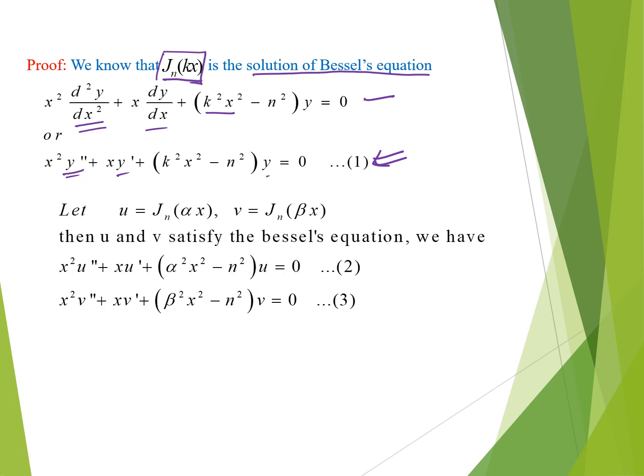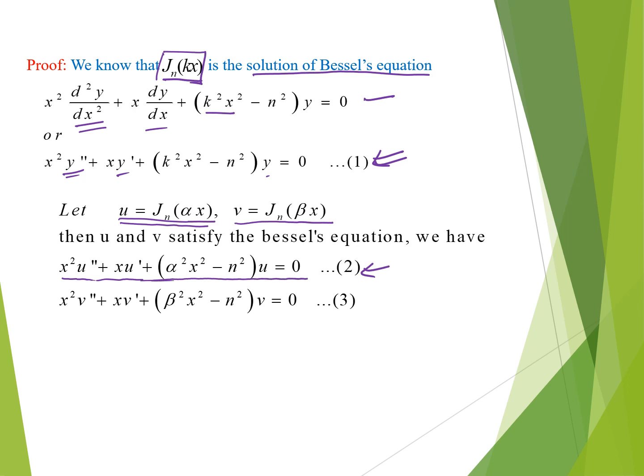Now let u is equal to J n alpha x, v is equal to J n beta x. Then u is the solution of equation 2, written as x square u double dash plus x u dash plus alpha square x square minus n square u is equal to 0.